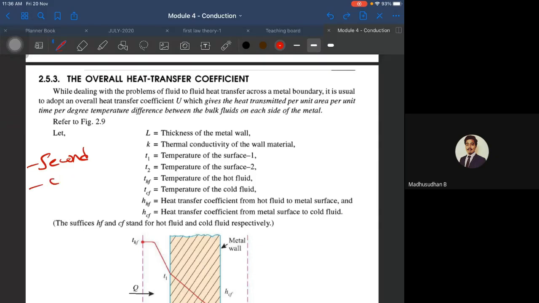Heat transfer complete, that is conduction, convection, and radiation. So all the three theoretical concepts and the problem concepts. These two will form your second internal portion.